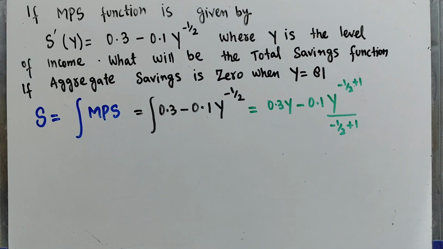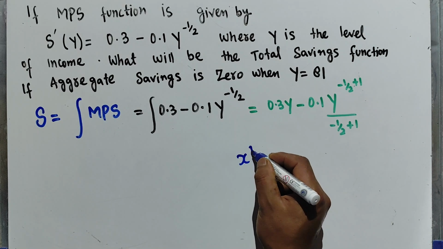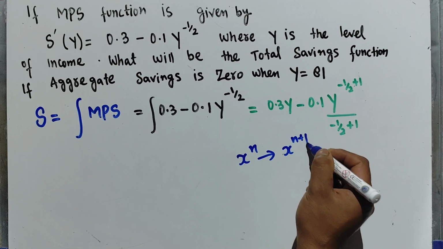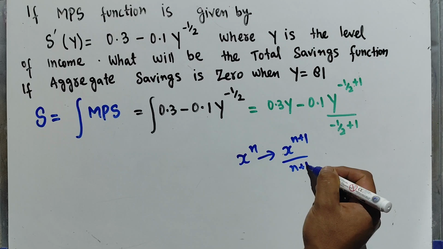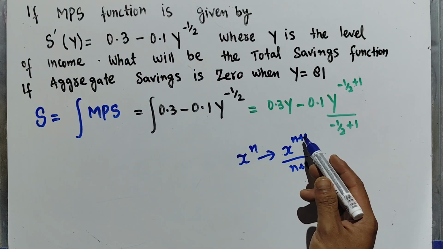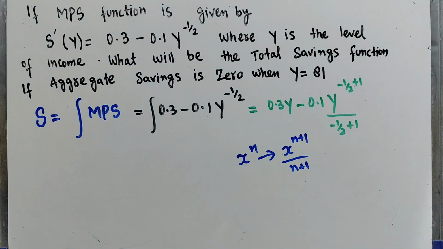By the laws of integration, if we have x raised to the power n, its integral is x raised to the power n plus 1 divided by n plus 1. We add 1 to the exponent and divide by the resulting exponent. Here we have done the same.